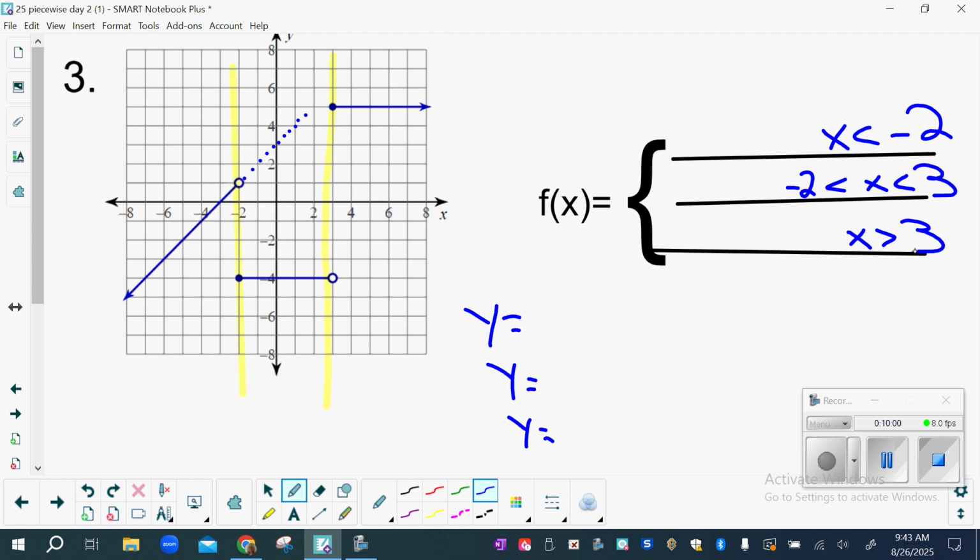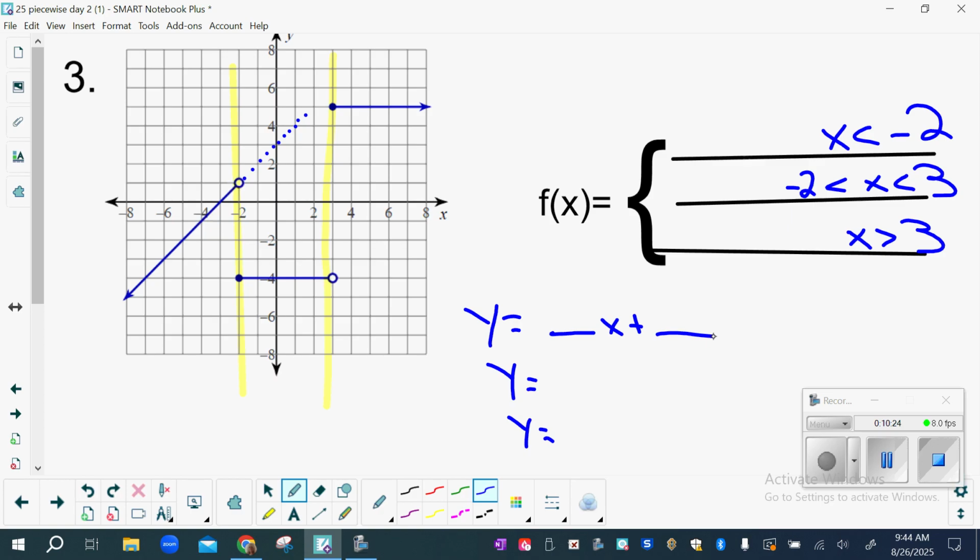The barriers are not the key point. The key point is the little functions. So let's start over here with the slanty guy. He's slanted, so he's a line, y equals mx plus b. He's not a heartbreak problem. I need to know what his slope is and where he hits the y-axis.